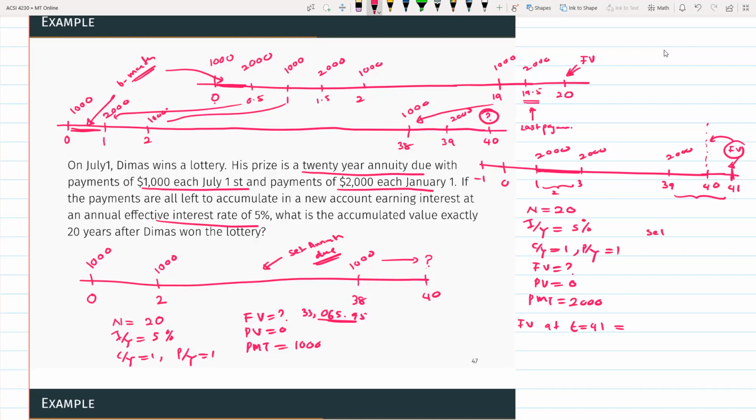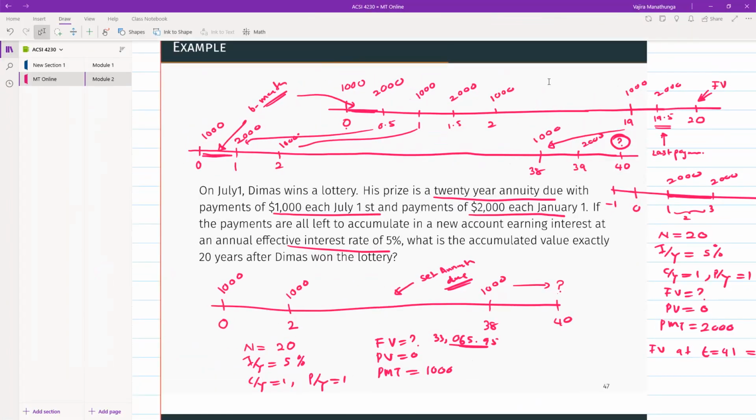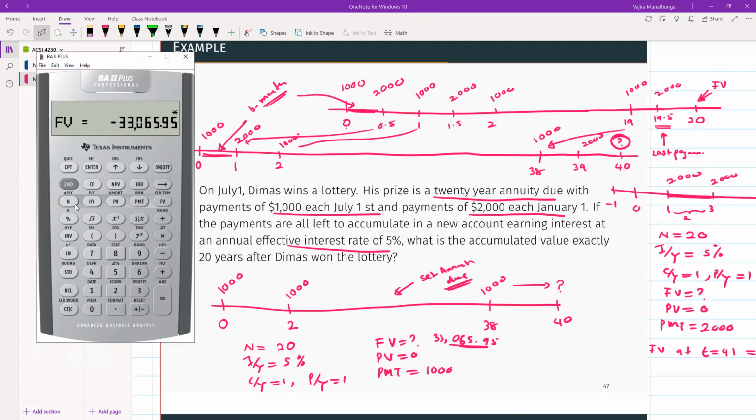The same here, you have to set your calculator for annuity due. Let me go back and do the first calculation again because we need to set it on due. So let me reset, second reset, enter.